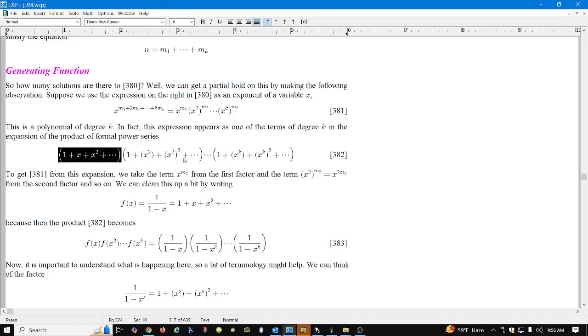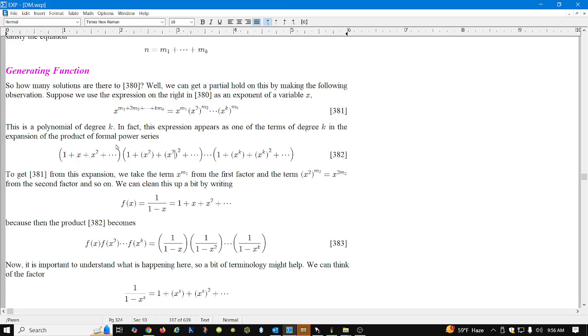And this one here, for example, is 1 over 1 minus x squared. We just replace x by x squared in the first factor, and we'll get this one. By the way, something else that's going to come up, and I'll say it now: if we're looking for a term of degree k in this product, we don't need the infinite formal power series here.